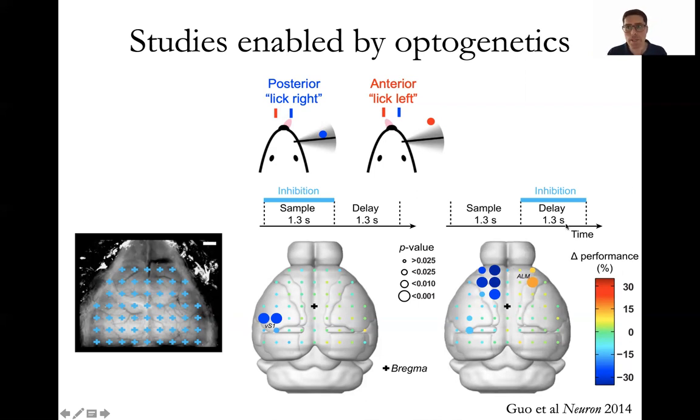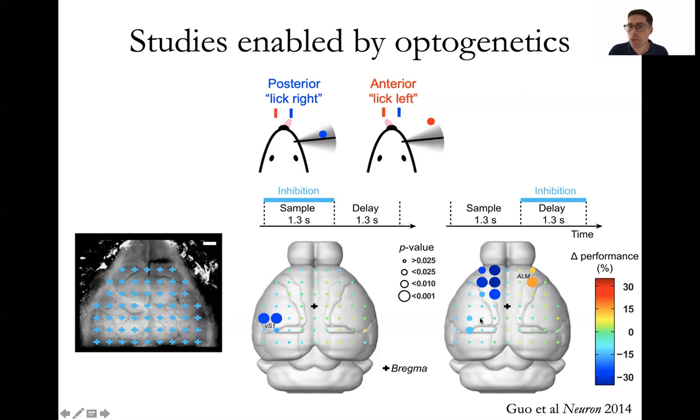And during the waiting period, there's a different part of the brain that caused changes in performance most effectively. So this is the anterior lateral motor cortex, a frontal cortex region, effectively, where the animal is holding its belief, so to speak, about the answer of which way to lick.